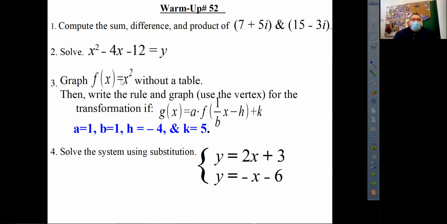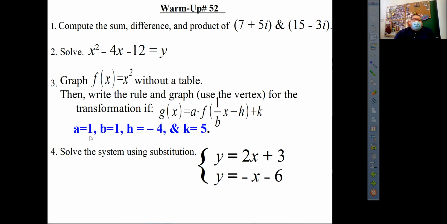Number three, it says graph f of x equals x squared without a table. We know how to do that. And then it says write the rule and graph, use the vertex for the transformation. And it gives you the general form g of x equals a f of 1 over b (x minus h) plus k.